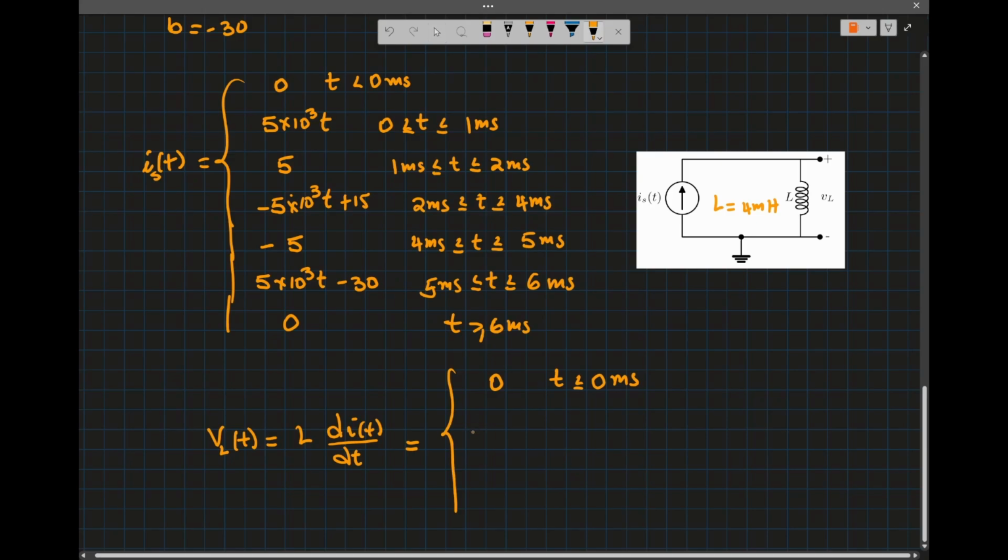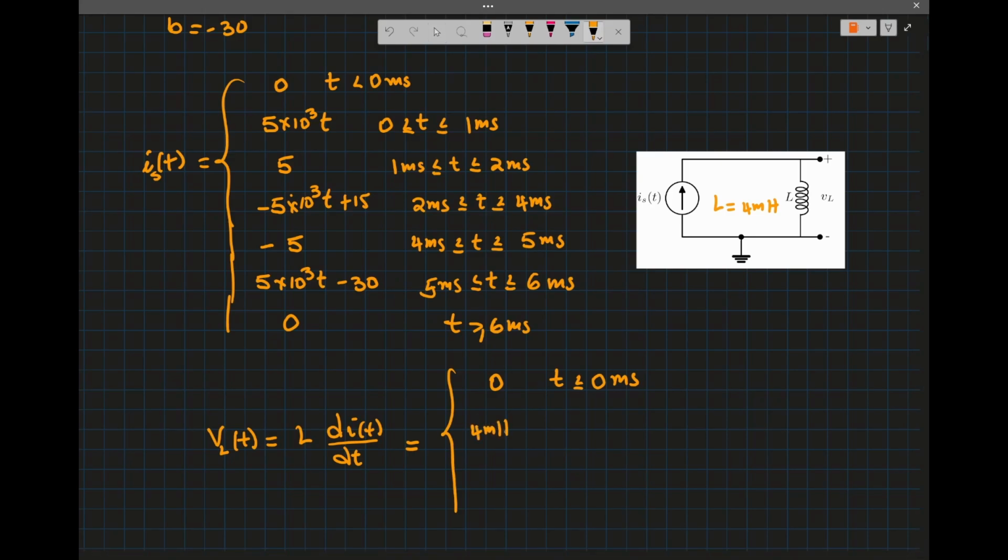So L, which is 4 millihenry, times 5 times 10 to the 3, gives me 20 volt when the time is between 0 less than or equal to t less than or equal to 1 millisecond.